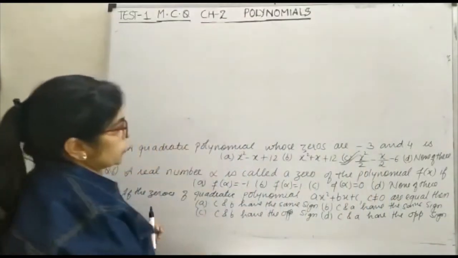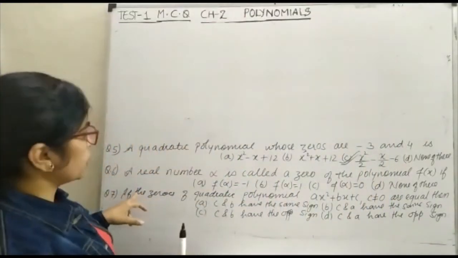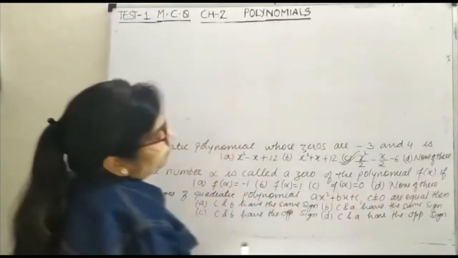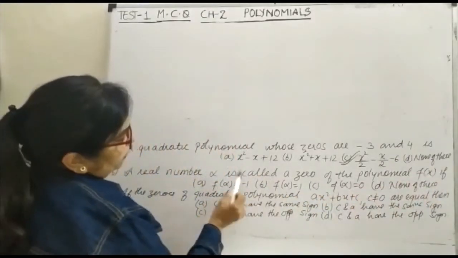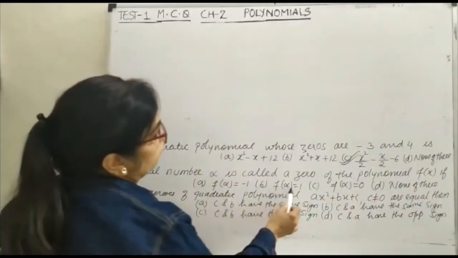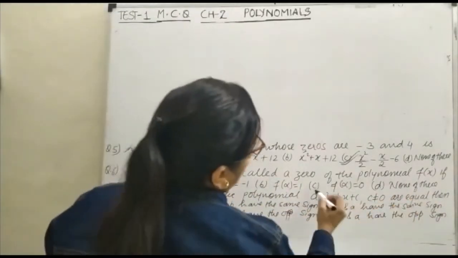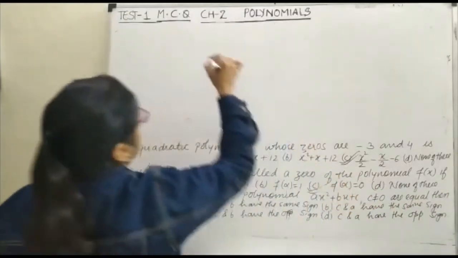Now for question number 6, it's a theoretical question. A real number alpha is called a zero of the polynomial f(x) if f(alpha) is equal to -1, f(alpha) is equal to 1, f(alpha) is equal to 0, or none of these. This condition will work out.